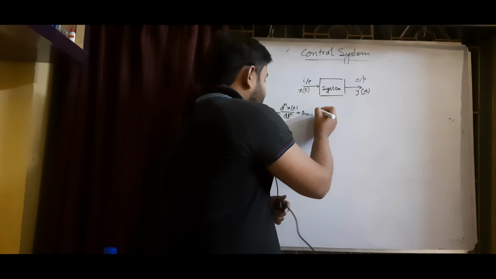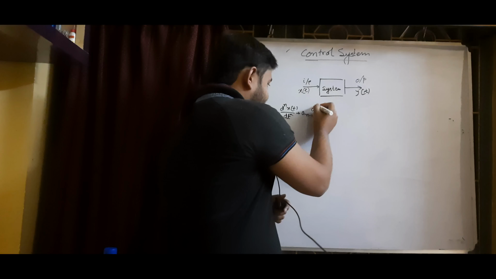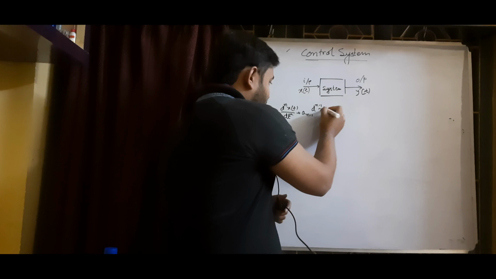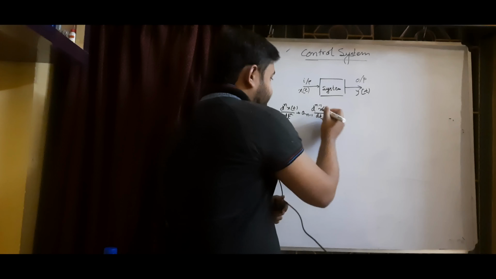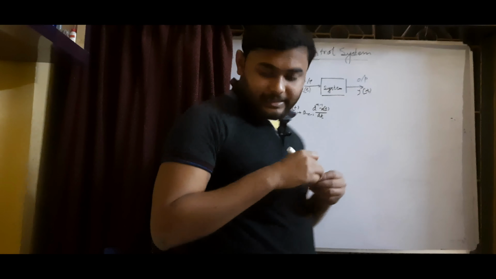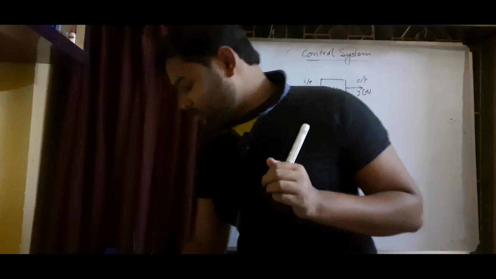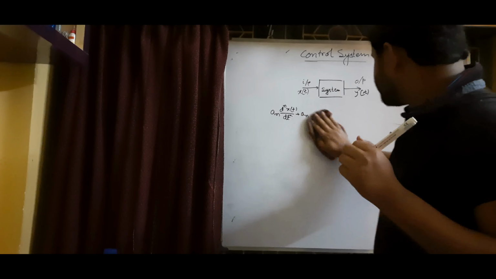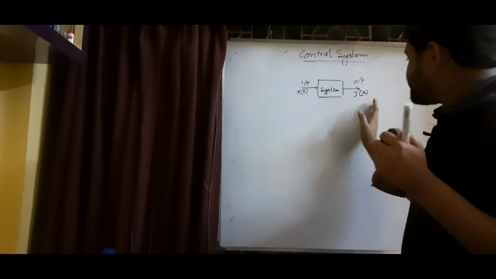a_(n-1) multiplied by (n-1)th derivative of x(t). Okay, let me just manipulate one thing. Let me just erase this form. I want to represent the output in terms of input.